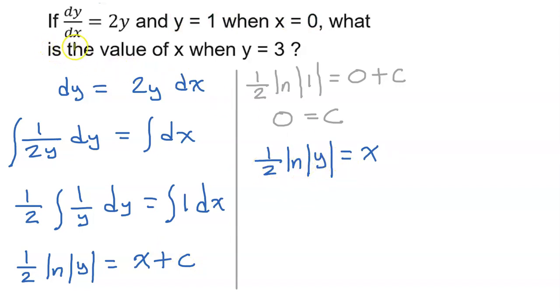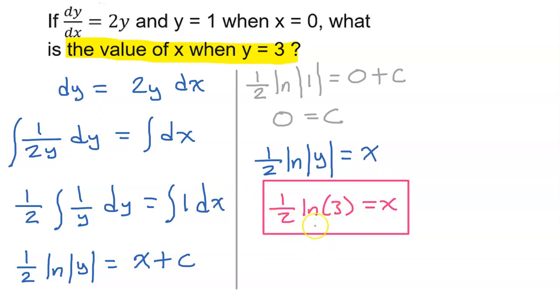Let's use it to find the value of x when y is 3. So substituting 3 for y, we have 1/2 natural log of 3, and that equals x. So this is the answer. Using properties of logarithms, we can take this coefficient of 1/2 and put it as the exponent.